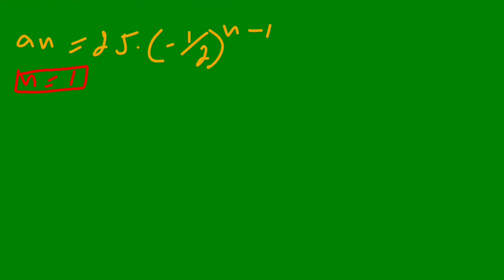Okay, next: an is equal to 25 multiplied by minus 1 by 2 to the power n minus 1. Now we find the first 4 terms, and we put n is equal to 1 in this general term.